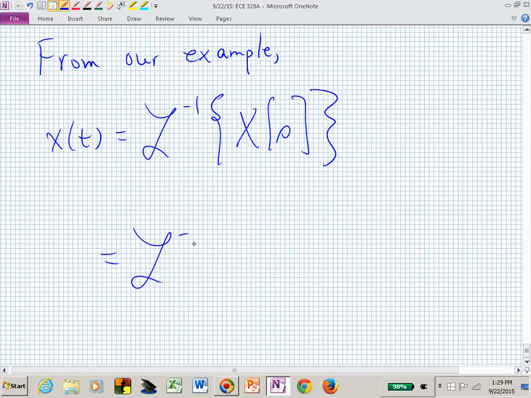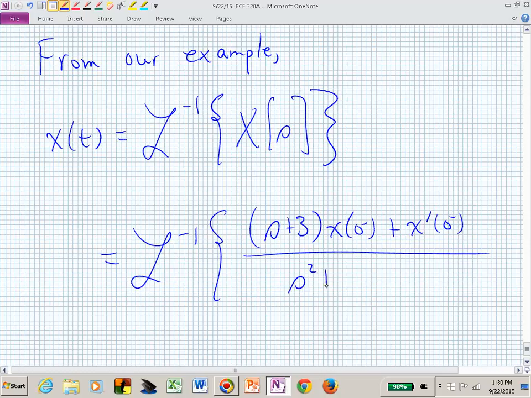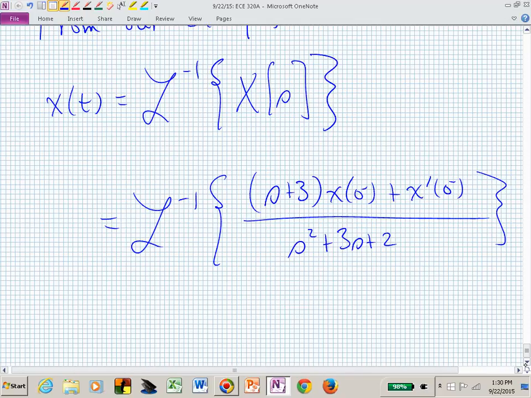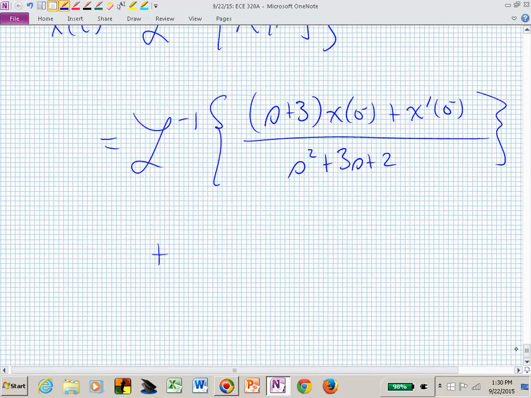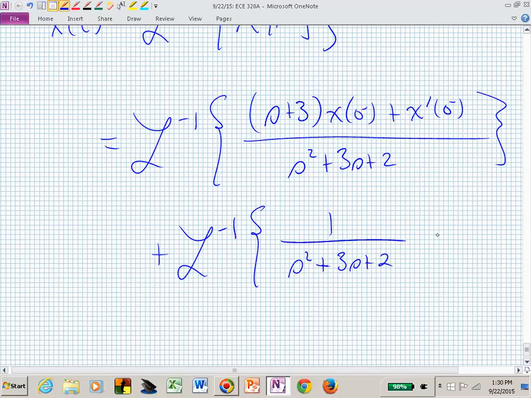We can say the inverse Laplace transform of (s + 3) x(0⁻) + x'(0⁻) all over s squared plus 3s plus 2, plus the other half of that right-hand side, which was V(s) over s squared plus 3s plus 2.